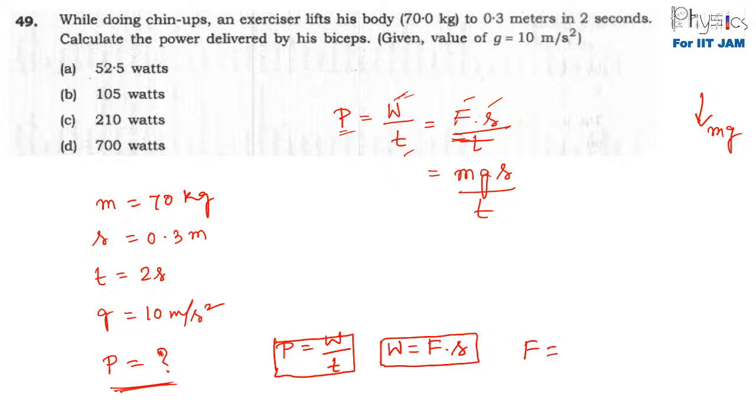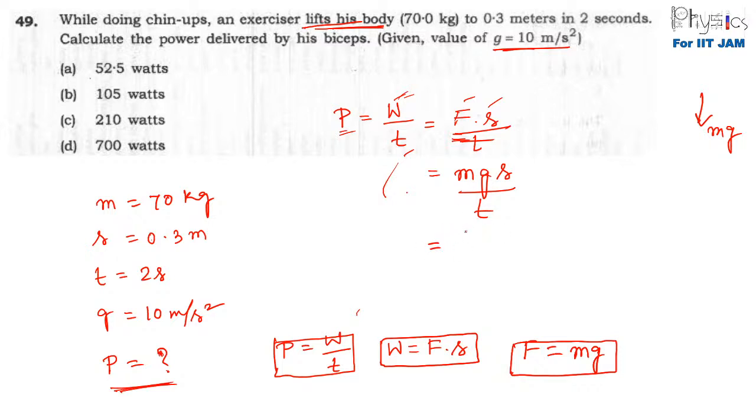And force, for gravitational force, G is given, and it is given that the exerciser lifts his body, that means the force acting is gravitational force, that means F equal mg. So just remembering these basic formulae, we can solve this problem. Let's see.